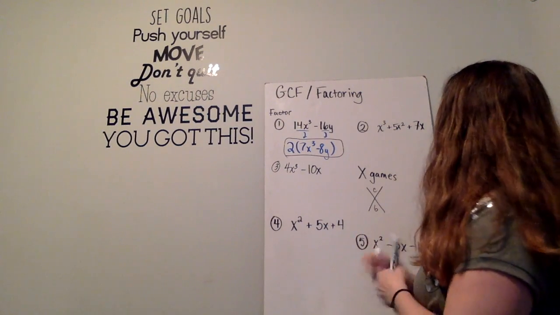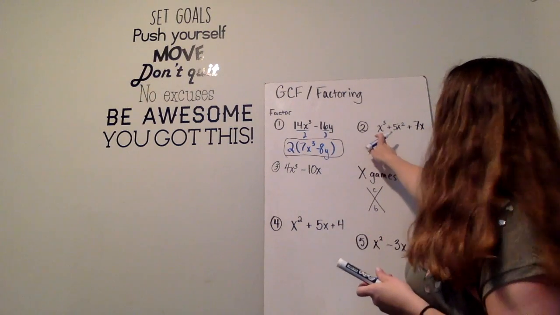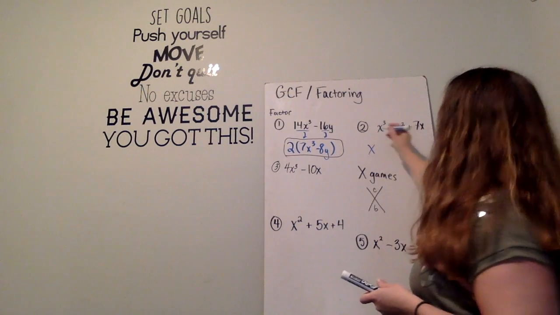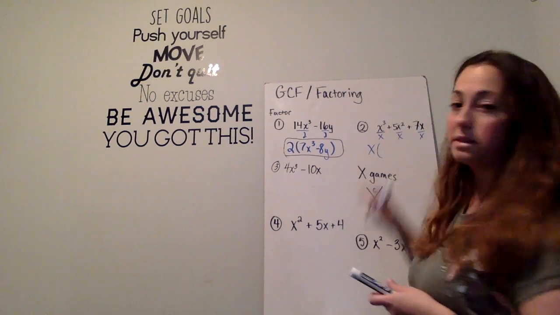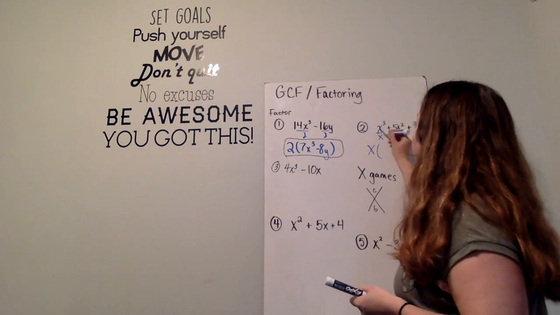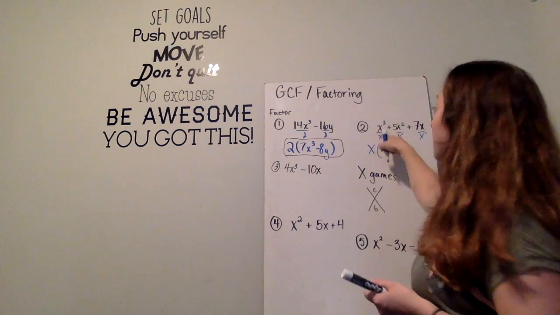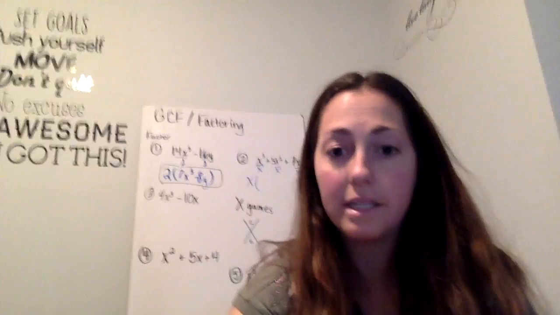So I'm going to take out an x, and that's the most I can do because there's no numbers and no other variables. And then what I'm doing is dividing each piece by x. So then x cubed divided by x, those exponent rules are coming back. What am I doing? Oh, I'm subtracting, and I got to remember that an exponent, if there's nothing there, it's like a little 1.